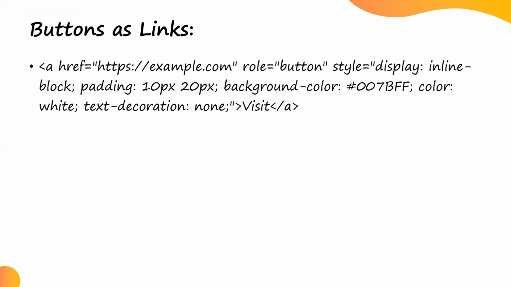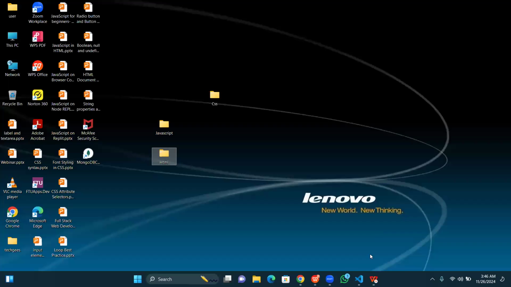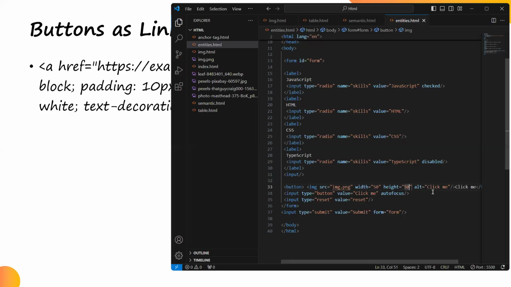You can also have anchor tags to be images, to be buttons. All you have to do is give it a role of button. So you can make anchor tags, links, to be buttons. So let's say I have an anchor tag here. To avoid confusion, let me take all of them out.